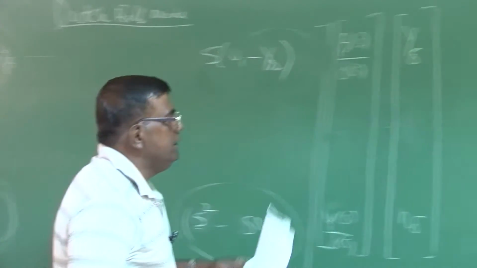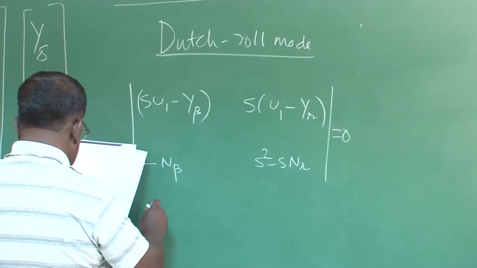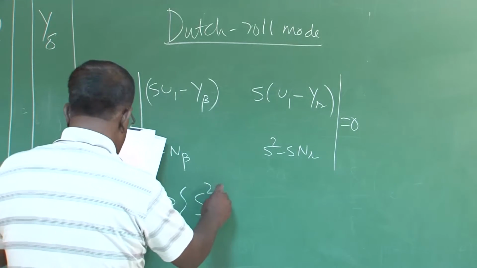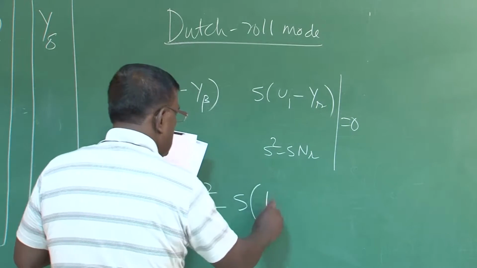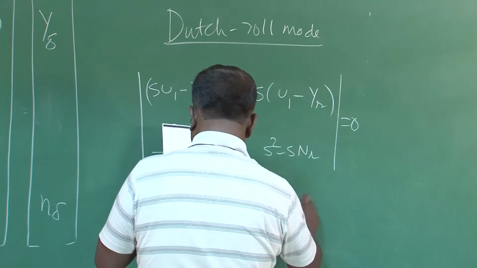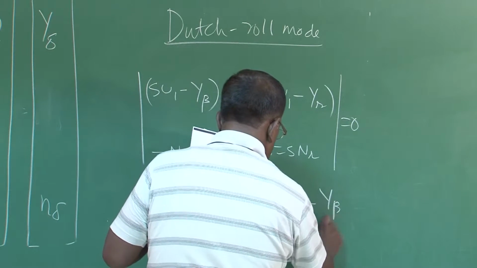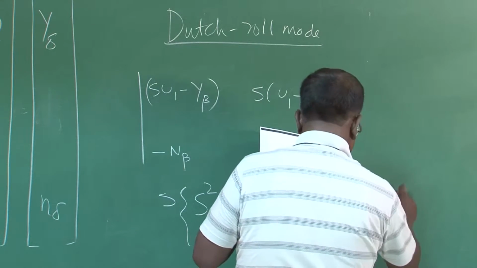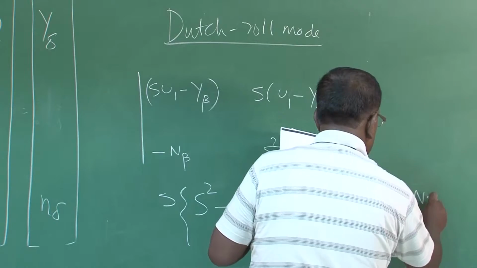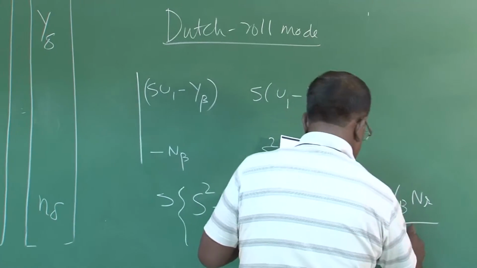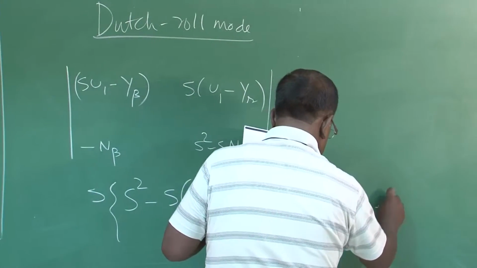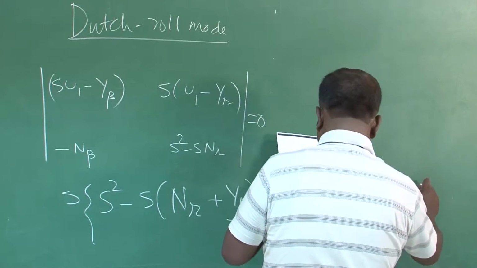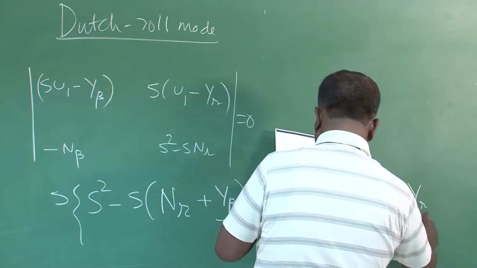And if I do like this, I get a characteristic equation as s squared minus s into NR plus Y beta by U1, plus Y beta NR by U1 plus N beta minus N beta YR by U1.